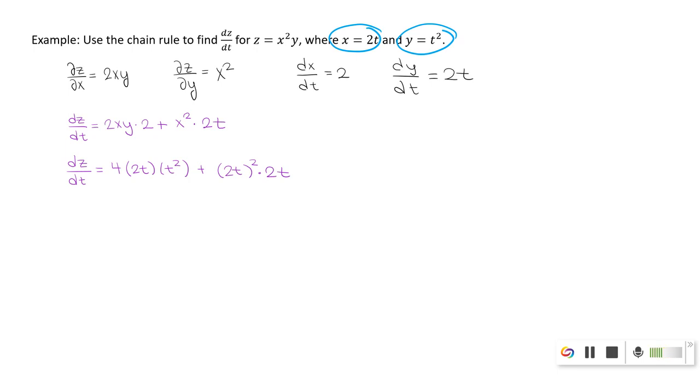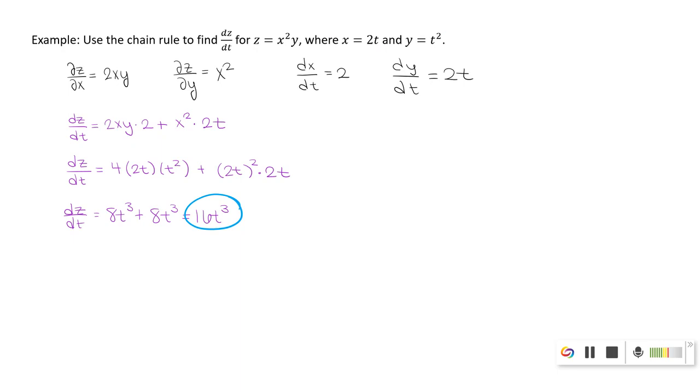So I'm going to replace the x's with 2t and the y with t squared. Then I can multiply everything out and combine like terms. We end up with 8t to the third plus 8t to the third, or 16t to the third. And that's my derivative of z with respect to t.